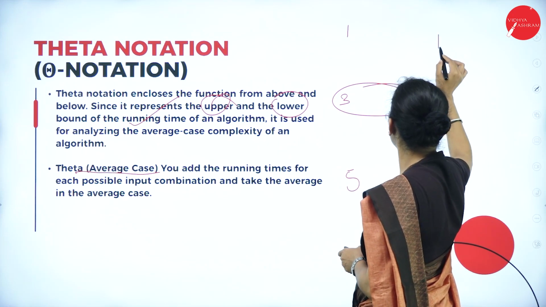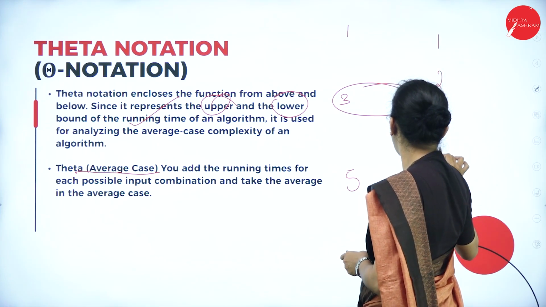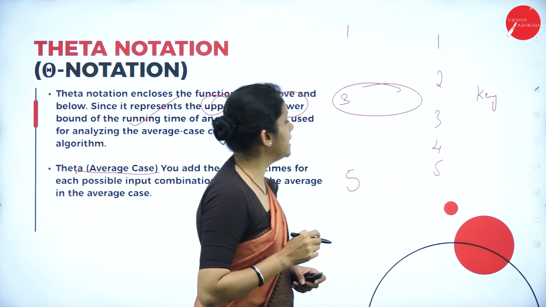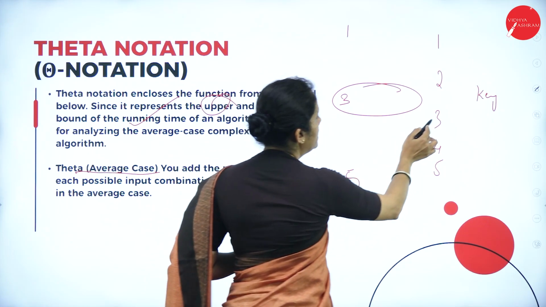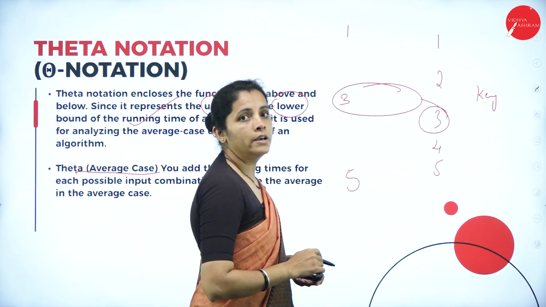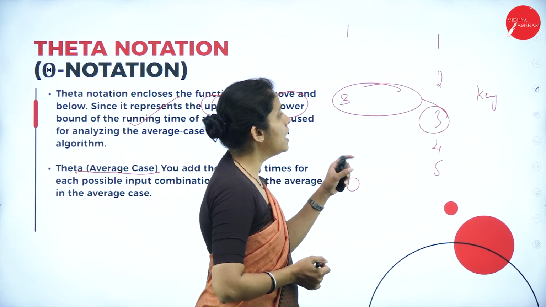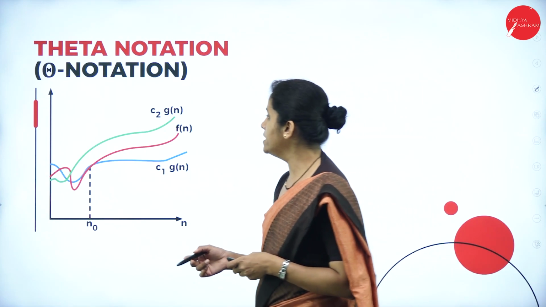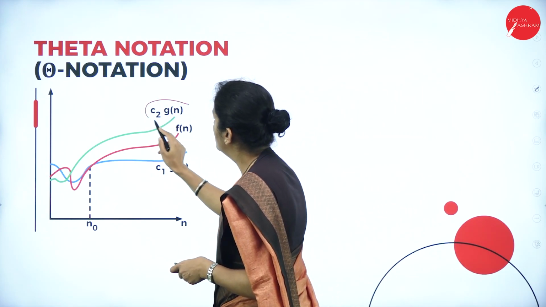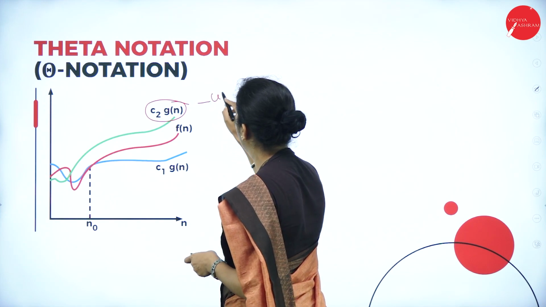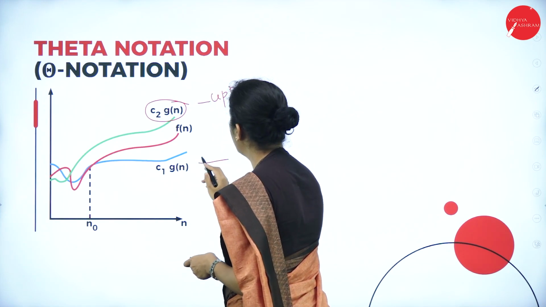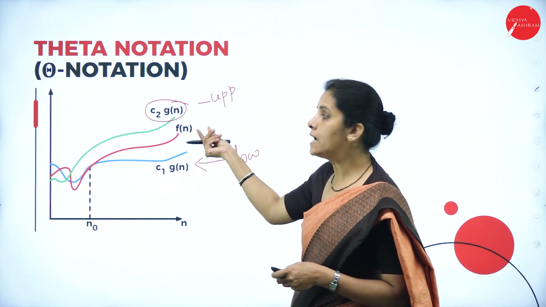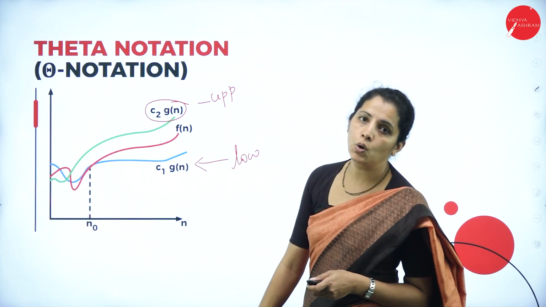Let me consider the example 1, 2, 3, 4 and 5. If the key is 3, the key is present at location 3. 3 is nothing but the average execution time, or this is the average time complexity. Now, see here, this is my upper bound, this is my lower bound, and f of n must lie between upper bound and lower bound.